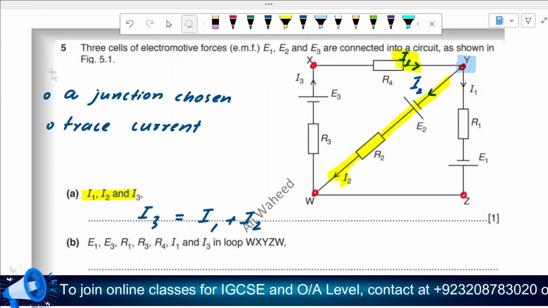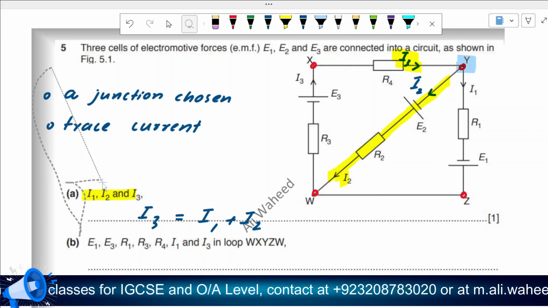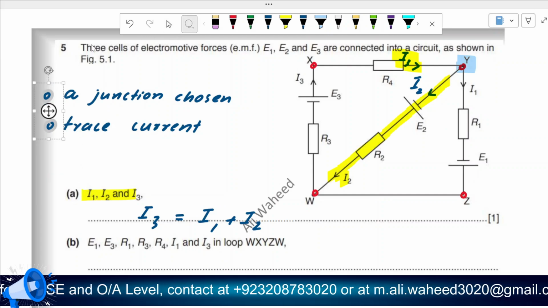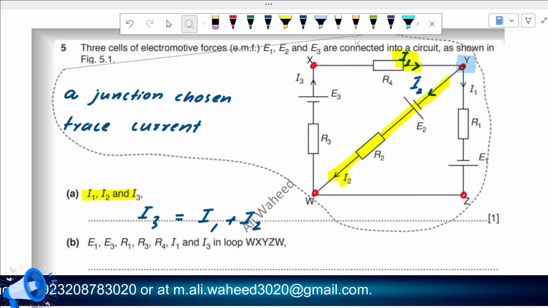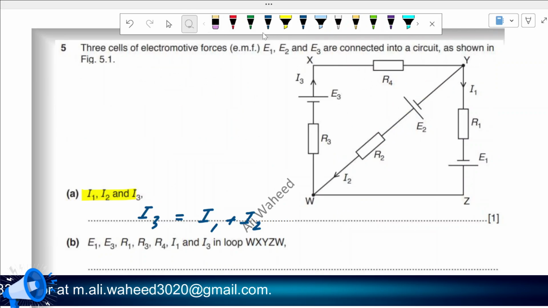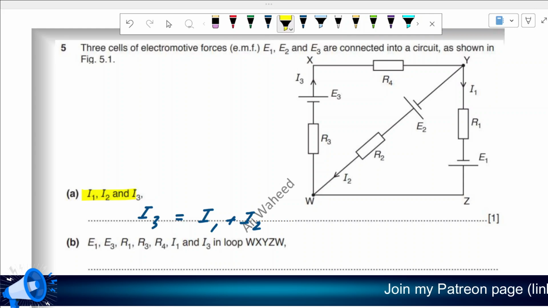And lo and behold, here we have a circuit. We already solved for the first part, but I'm going to remove all of it, at least for now. So we have the beautiful circuit in front of us over here. And that'll be the last question.